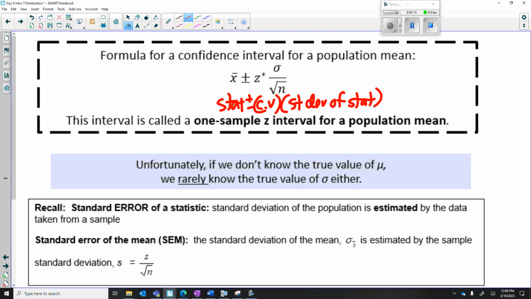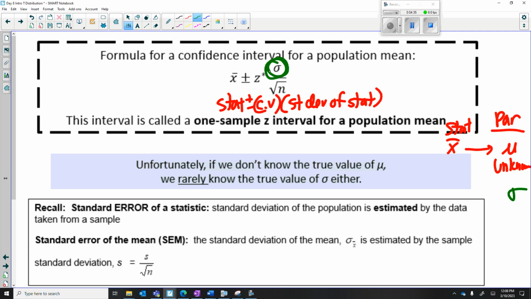Unfortunately, because we don't know the true value of mu, remember mu is the parameter and it's unknown. We don't know the true mean, so we're replacing it with x bar, the statistic. Similarly, if we don't know the population mean, how are we going to know the population standard deviation, sigma?